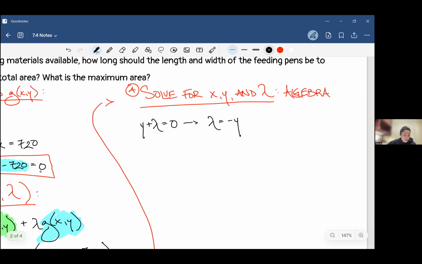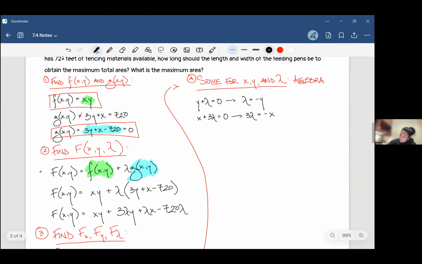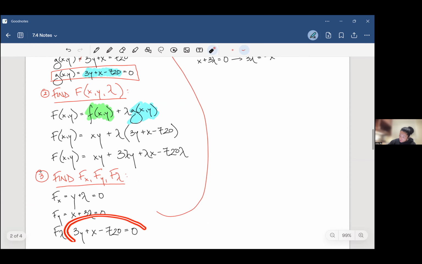Okay. Now, here's what I want to do. I'm going to take the x plus 3 lambda, and that equals 0. And when I take a look at this one, I actually see that 3 lambda equals negative x, right? Same idea, I just subtract the x from both sides. But here's what I want to do, okay? So now I'm going to take the lambda that I have from here and the 3 lambda that I have from here, and I'm going to plug it into my f lambda equation.